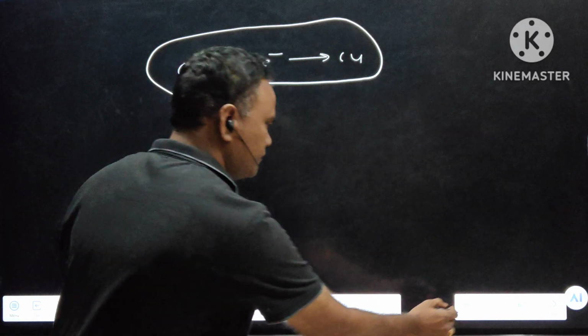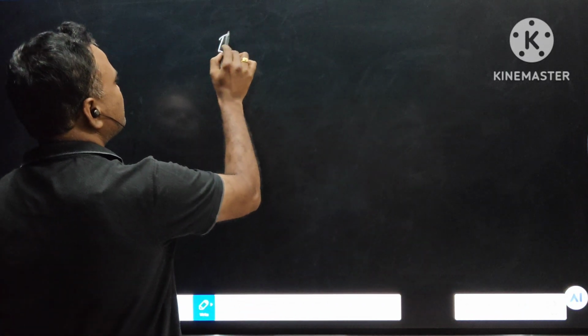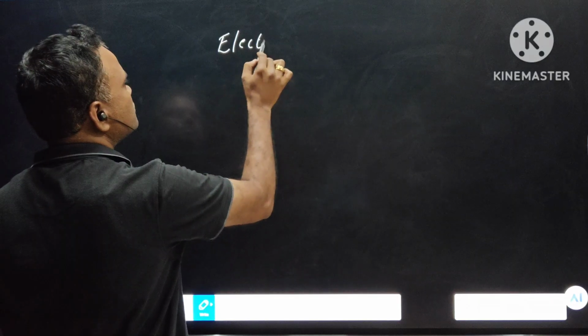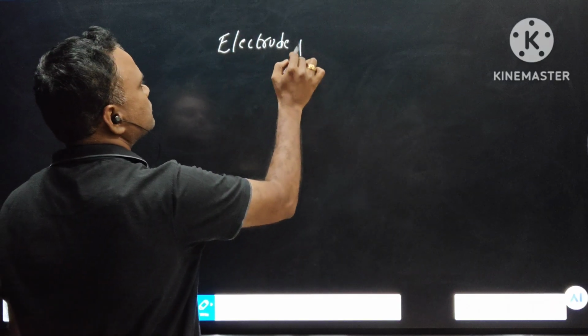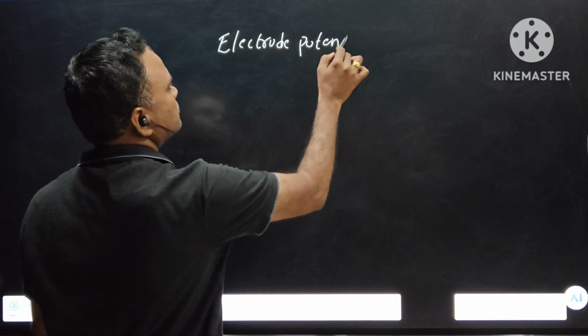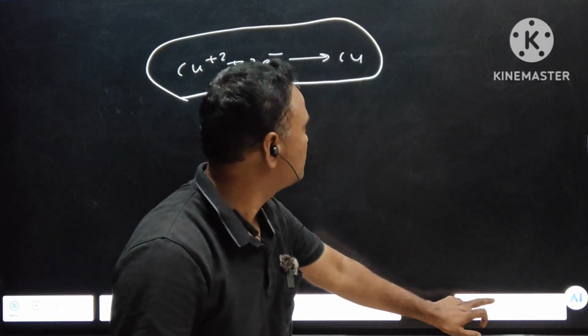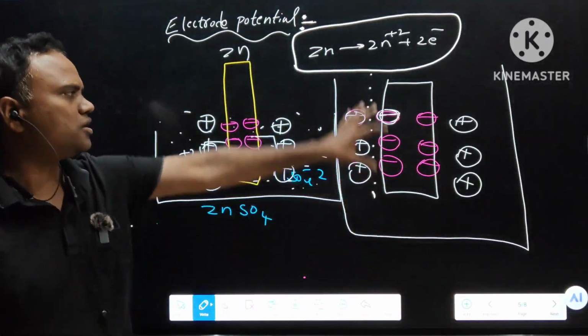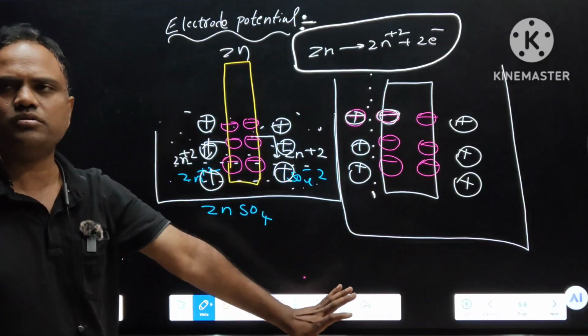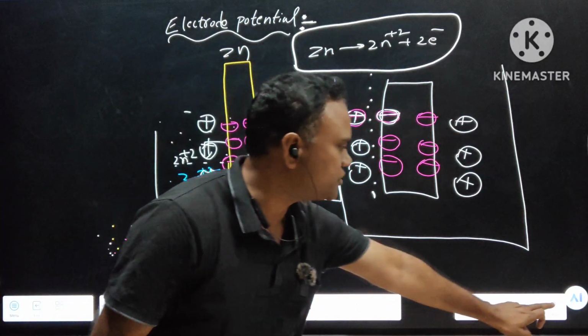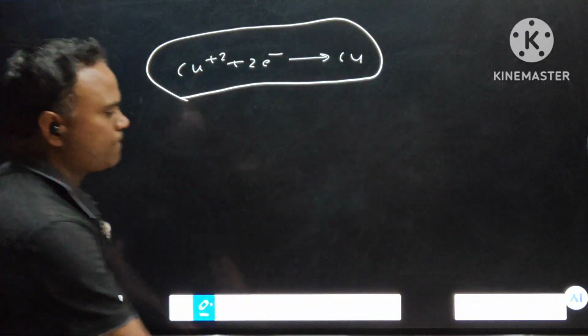Right? Look at this, all of you. Electrode potential. Electrode potential means, imagine this diagram: potential difference developed at the junction of the electrode. Keep this picture in your mind.